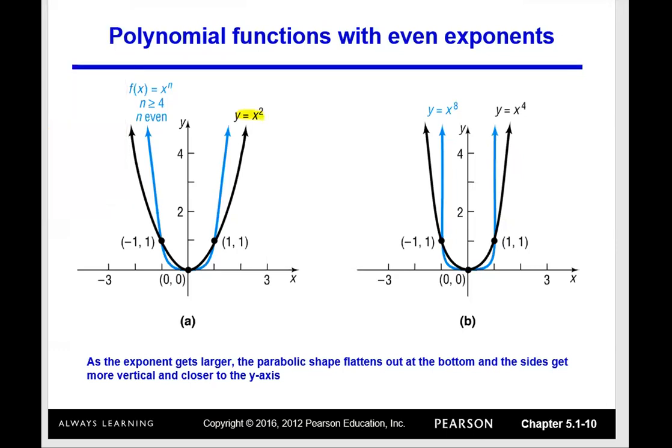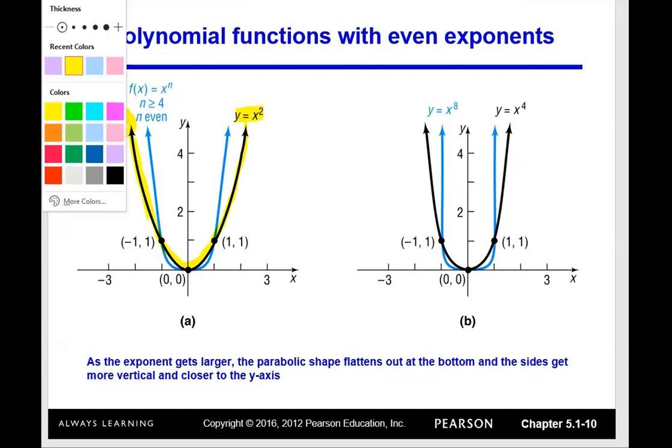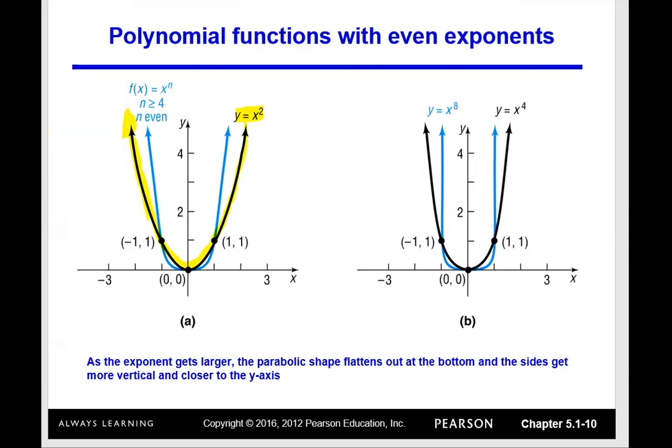So y is equal to x squared is the black graph. That's your basic parabola. And what they were saying is as the exponent gets larger, the parabolic shape flattens out at the bottom and the sides get more vertical and closer to the y-axis.